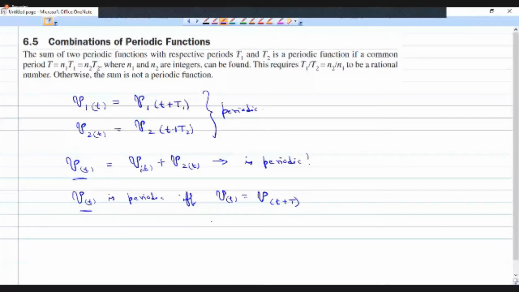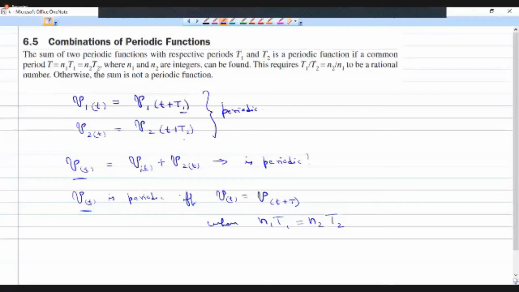when we can express T1 and T2 like this: we multiply some integer n1 to T1, and another integer n2 to T2. T1 is the period of the first function, and T2 is the period of the second function.